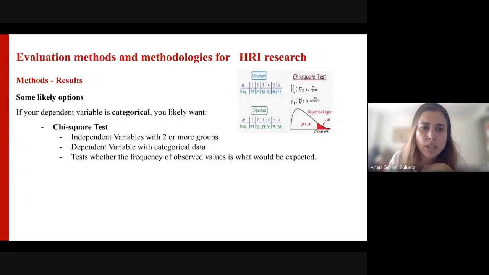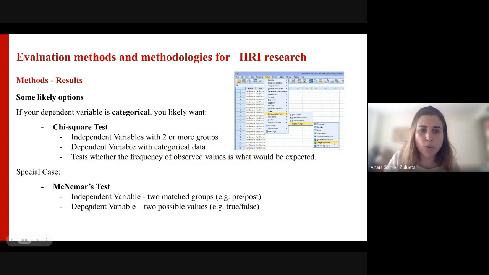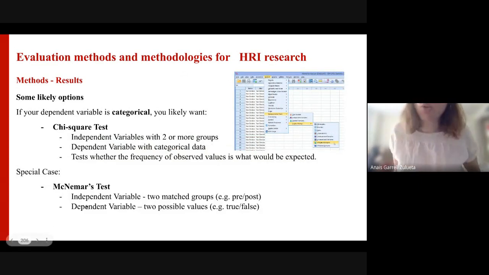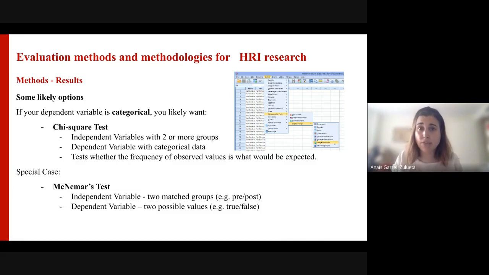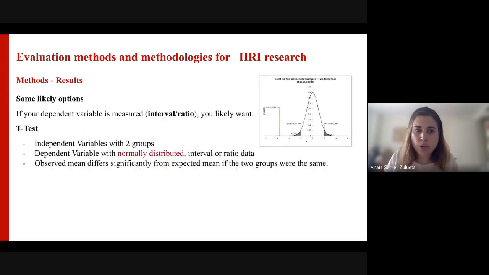Okay. So yeah. I prepare some code for you, and you can see how the chi-square test works. Also, how if you want to use the magnetic test. So I will share with you different tests and different codes, and you see that using Python, it's very, very easy. Okay. Another example of this test: if your dependent variable is measured using this interval ratio, here you can use the t-test.